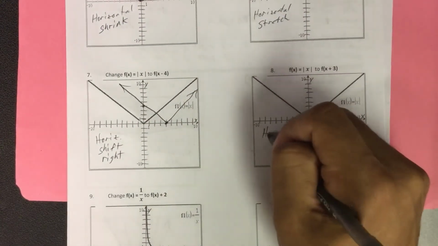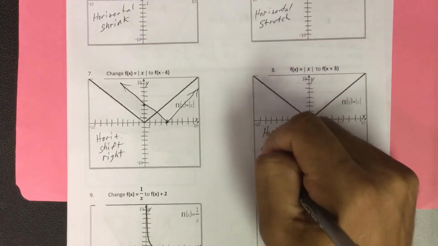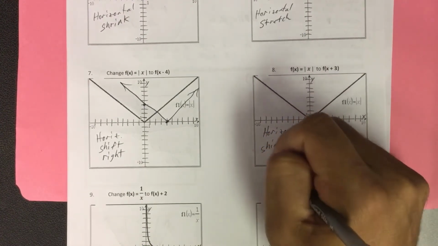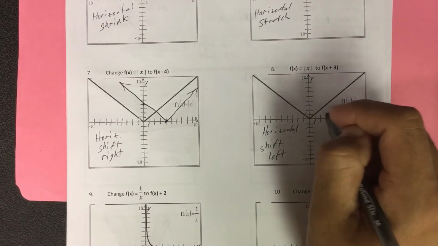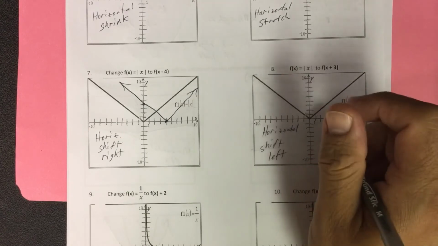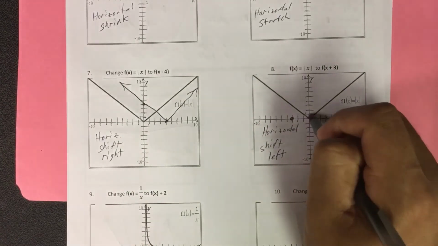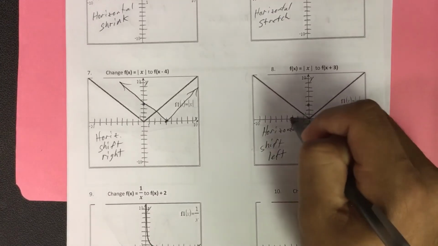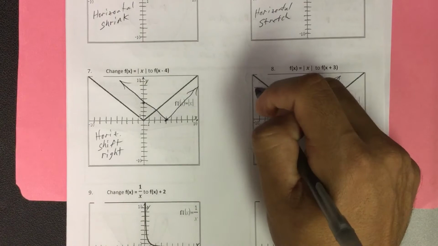This would be a horizontal shift left. So if I add 3, what am I doing? Add 3 is gonna move left. 1, 2, 3. Almost drew it the wrong way.